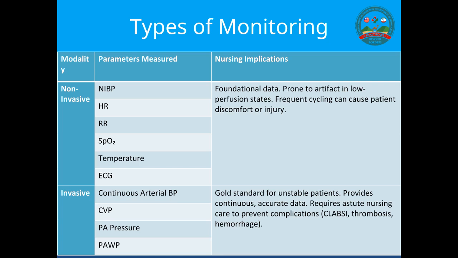Invasive monitoring, such as continuous arterial blood pressure, CVP, PA pressures, and PAWP, provides accurate, real-time data and is especially valuable for unstable patients. However, it requires vigilant nursing care to prevent complications like CLABSI, thrombosis, or bleeding.